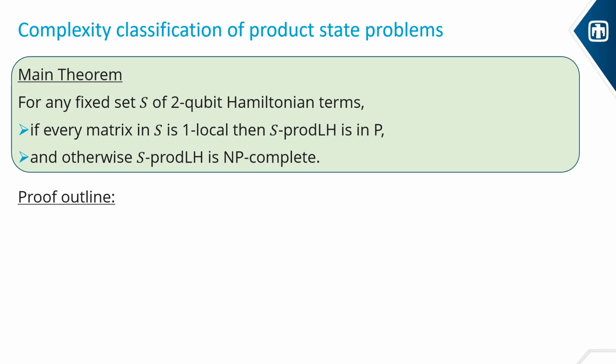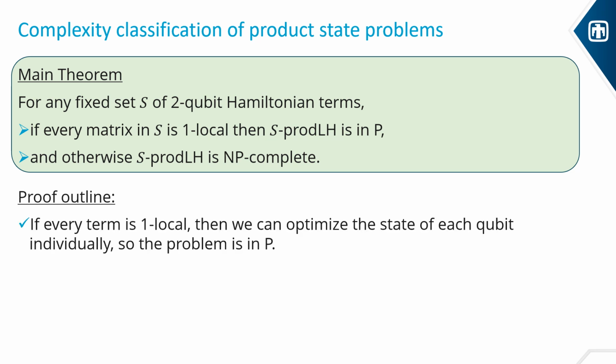Now I'll just give a brief outline, and then we'll spend the rest of the time going into details. First, if every term is one local, then it's straightforward to argue that we can optimize the state of each qubit individually. That's because one local means that the energy contributed by one qubit is totally independent of the energy and the state of the other qubits.